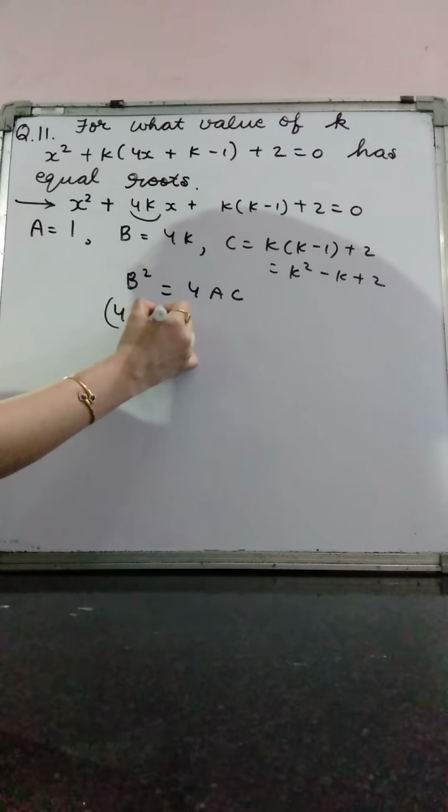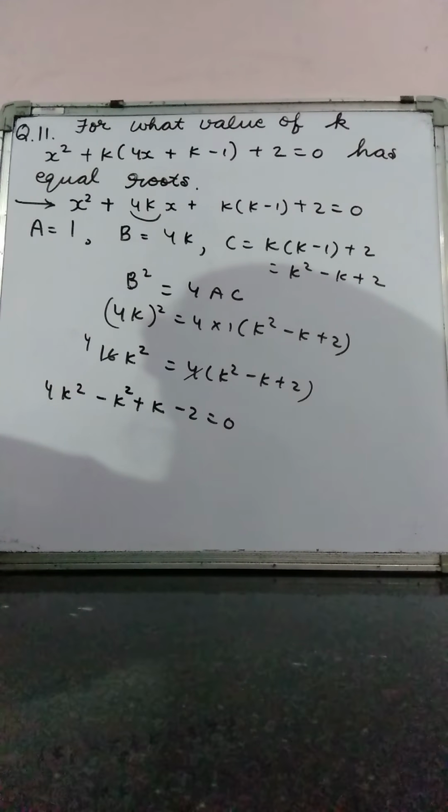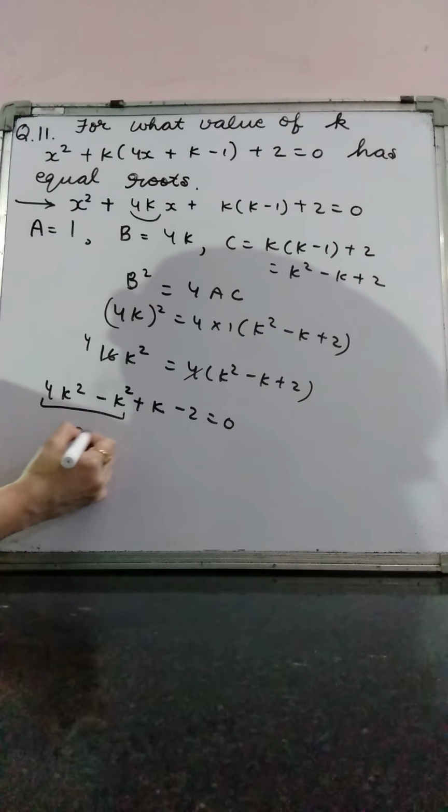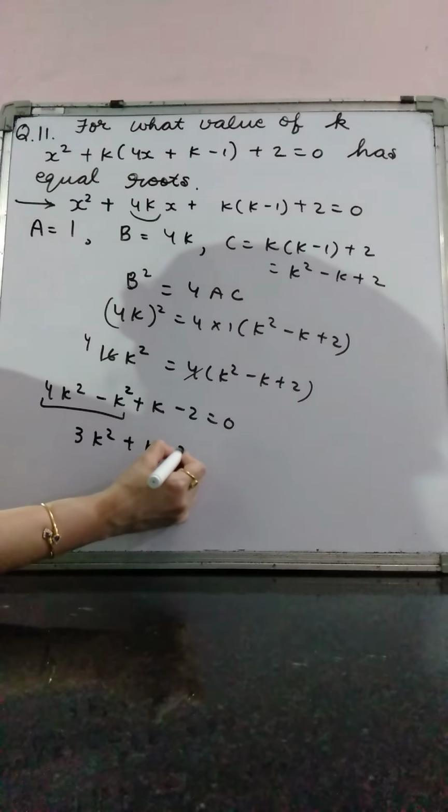4 square will be 16 and k square, 4 cancel out. Collect all terms on one side. K square minus k square plus k minus 2. Solve it: 3k square plus k minus 2.